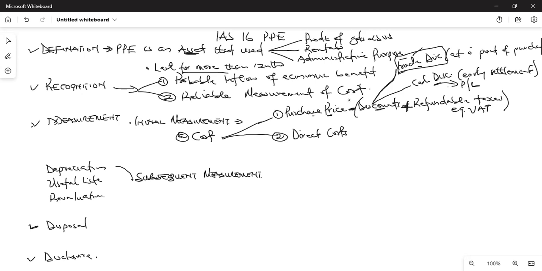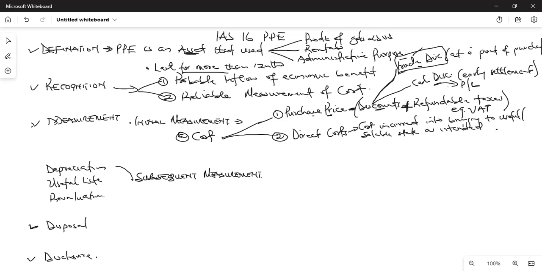So we are saying that direct costs are costs incurred in bringing the asset to a useful or saleable state, as intended by management.